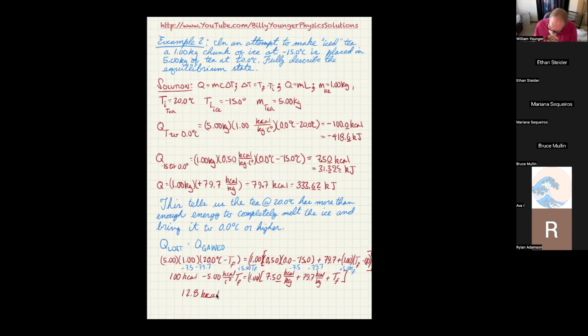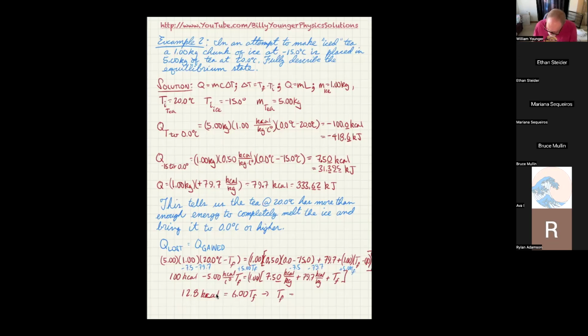And now on the other side, I have 1 TF plus 5 TF, so that's equal to 6.00 TF, and that means our final temperature TF should in fact be, and remember the 6 in front of the TF is kilocalories per Celsius degree.